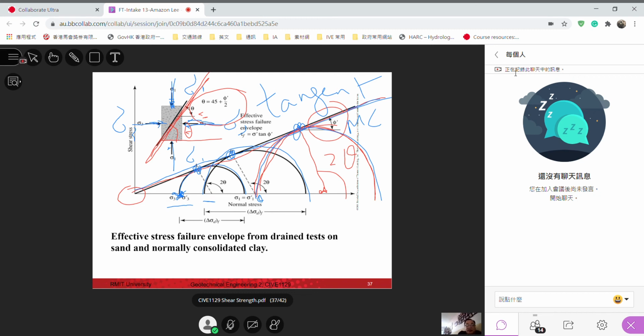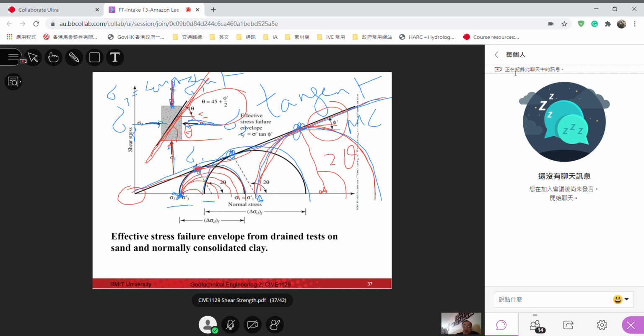We only increase the vertical stress, so the Mohr circle gets bigger and bigger until the point of failure, where the Mohr circle is just tangential to the Mohr-Coulomb failure criteria at this point.